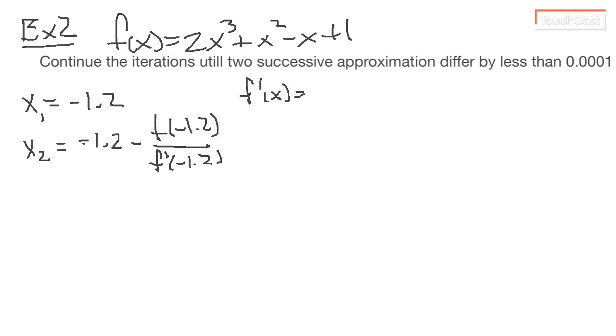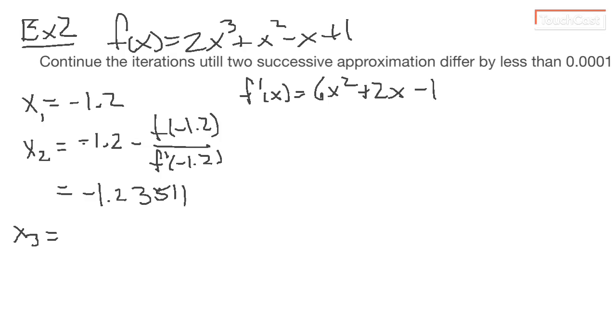Our derivative is going to be 6x squared plus 2x minus 1. I'm going to just use my calculator to figure out what is f of -1.2 over f prime of -1.2, and then subtract that from -1.2. When I do that, I'm going to find that that's going to give me about -1.23511.